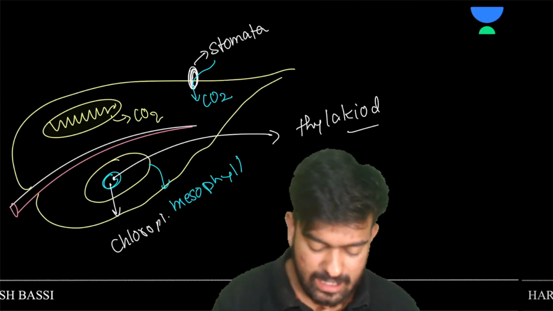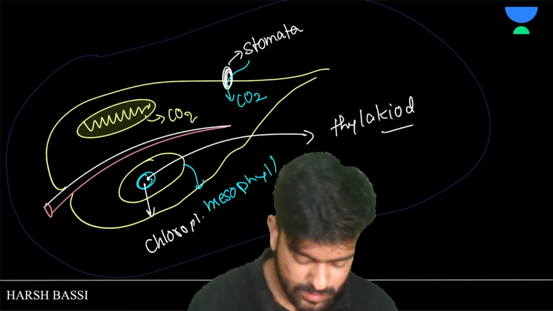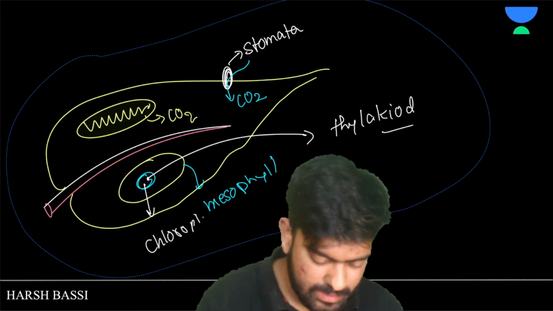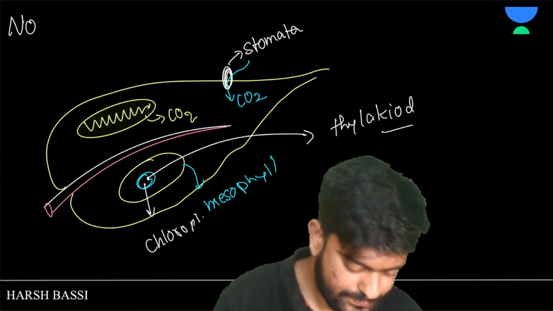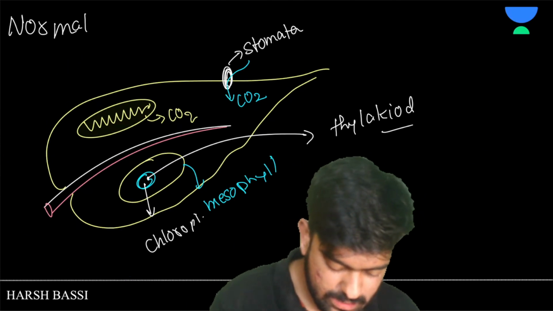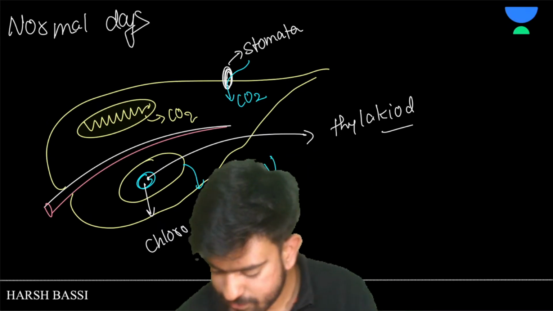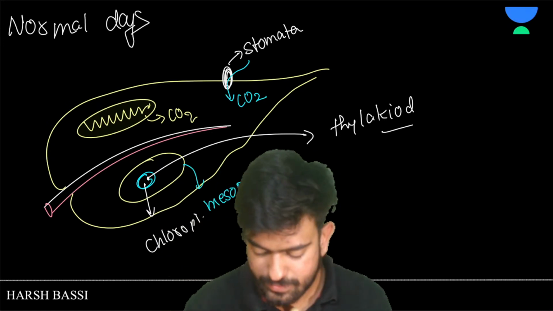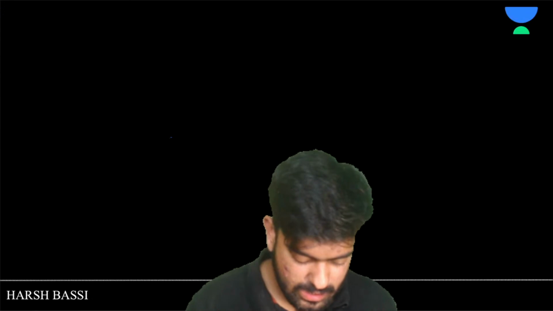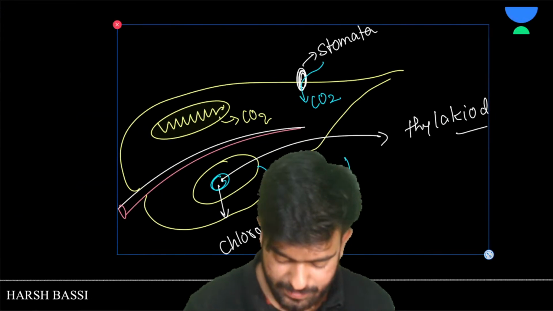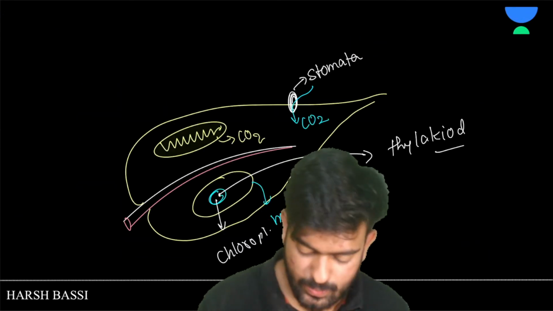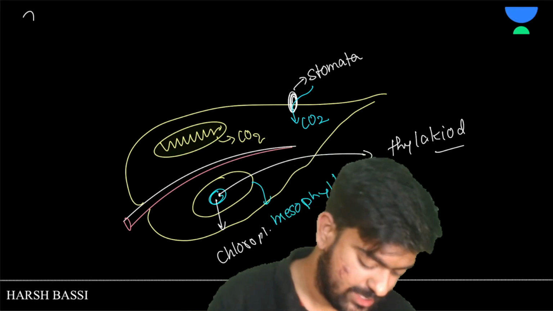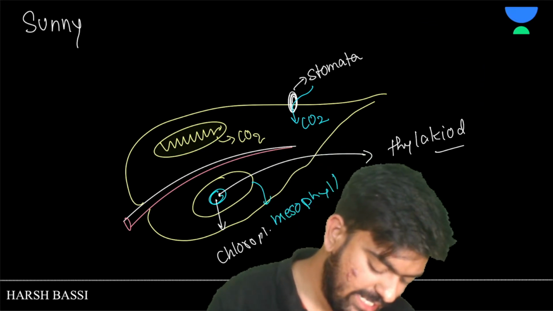Okay, so I'll be copying the same diagram. This is what it is during the normal condition, normal days. Then if we are talking about the days which are sunny days, okay, sunny days.